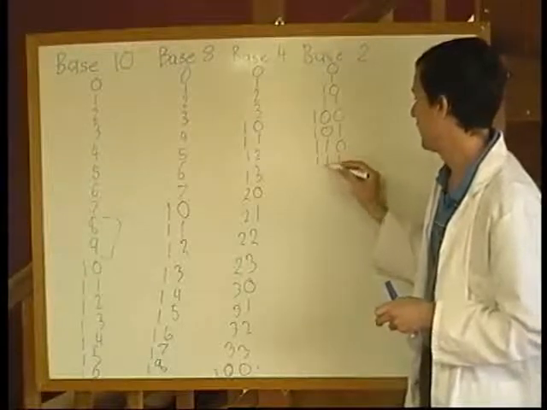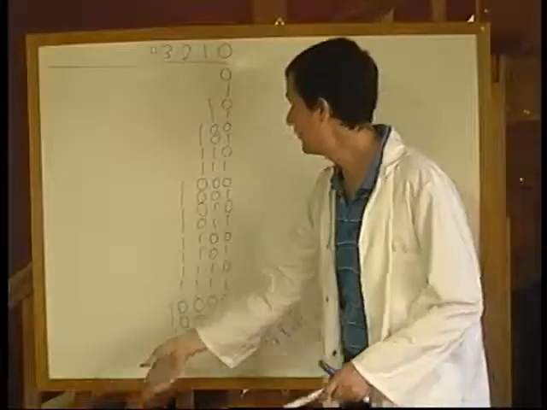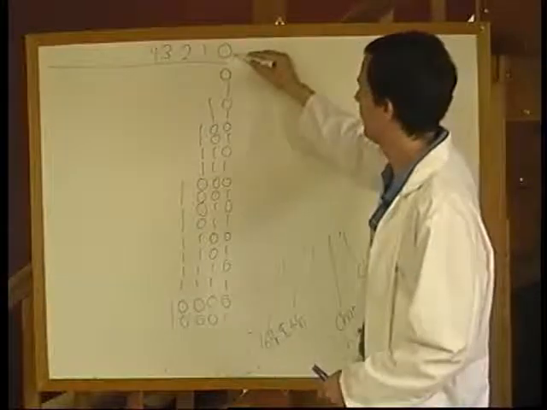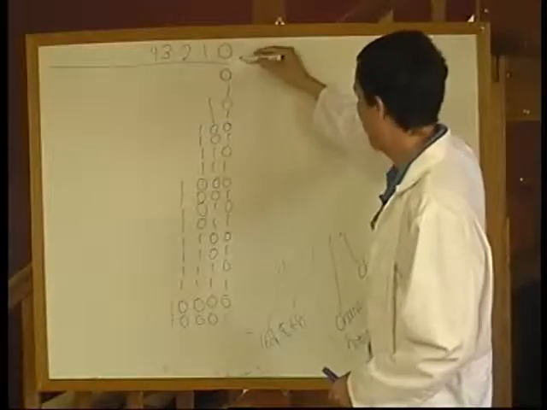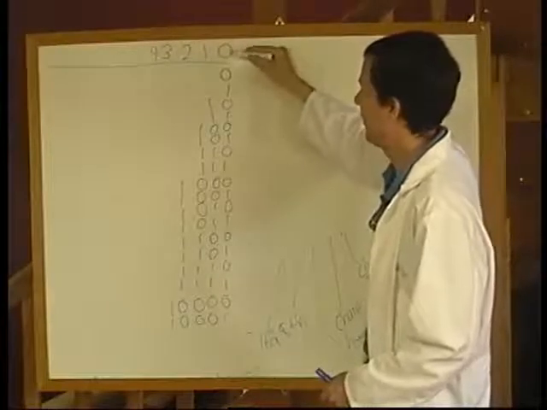A way to represent the columns is by calling the original column the 0th column, because this represents the power of the base to which each symbol is weighted.